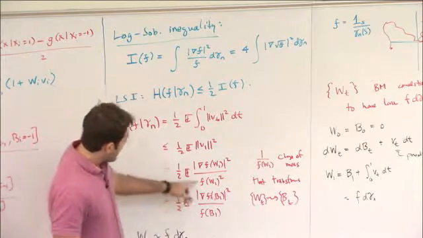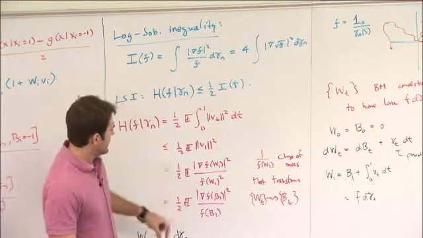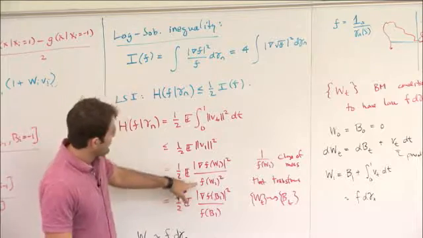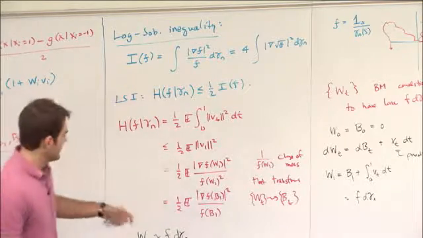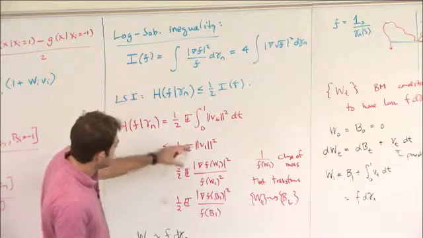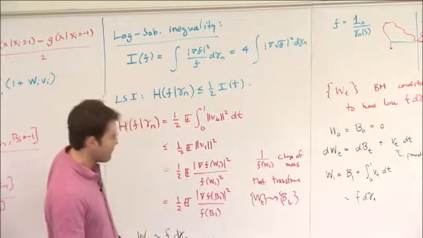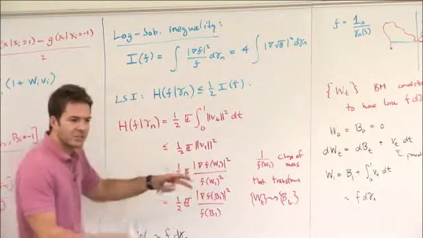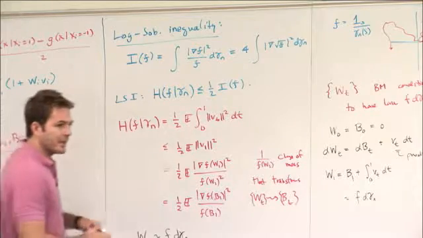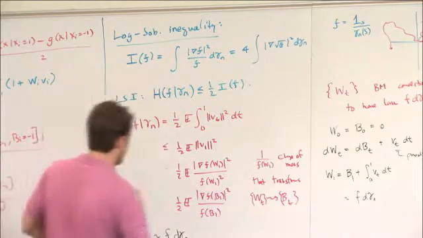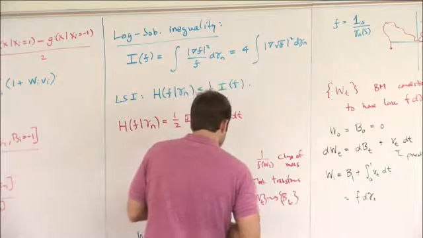So f of W1 is exactly the scaling of the probabilities, so that you map W1 to B1. It's exactly the change of measure from W1 to B1, by definition. Okay. That was the proof.